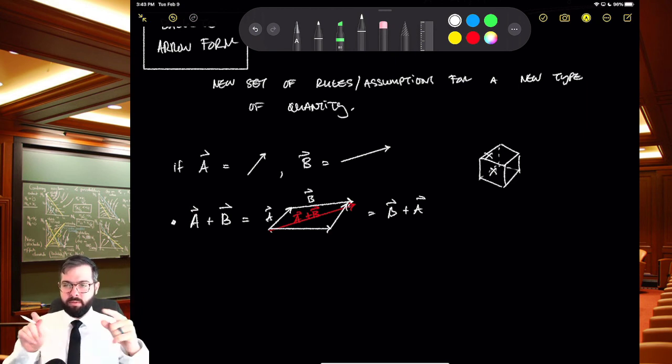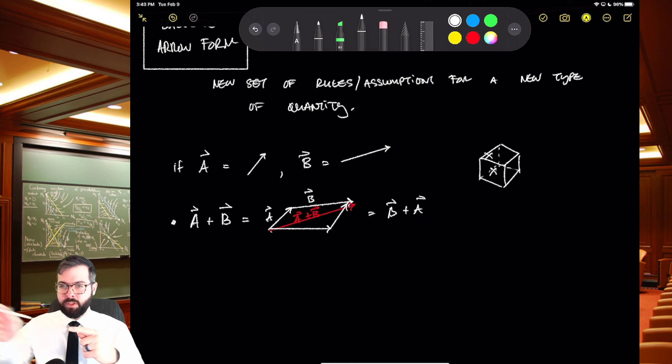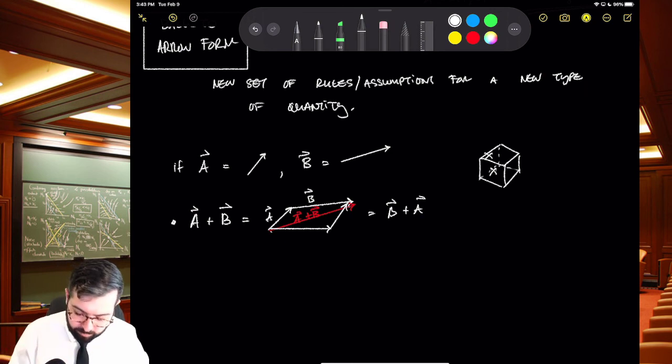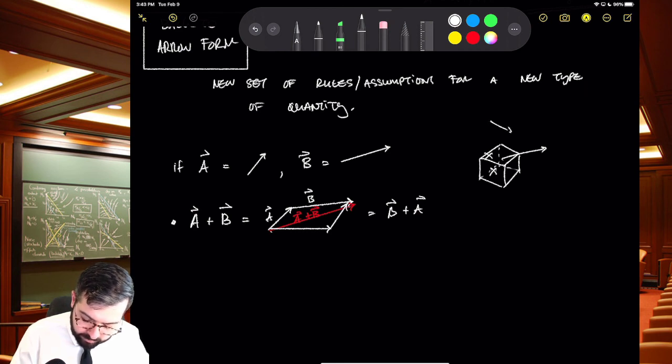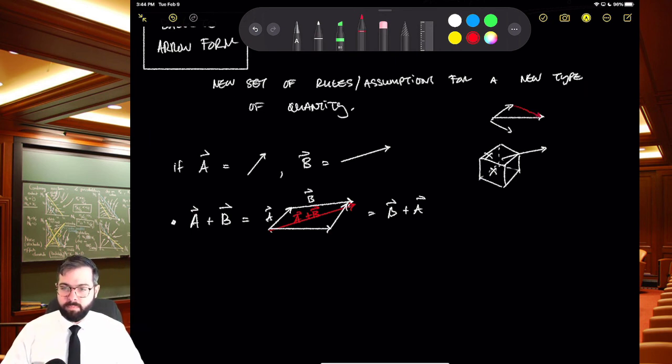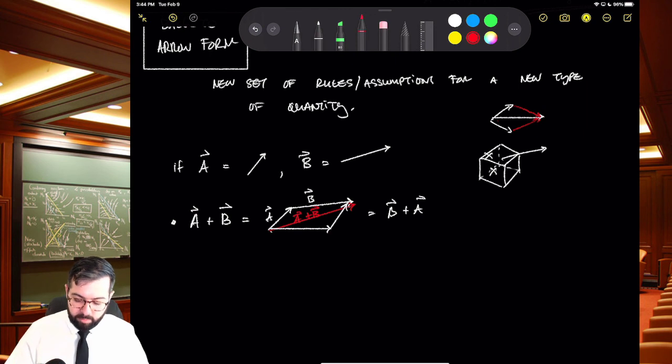What should happen? The resultant should be out in this direction, right? So you've got this guy's force plus this guy's force, and it should end up going in this direction. And again, you can think of it as being drawn tip to tail, like that. So you generate this parallelogram when you add, and the diagonal is that resultant vector. Not too bad.